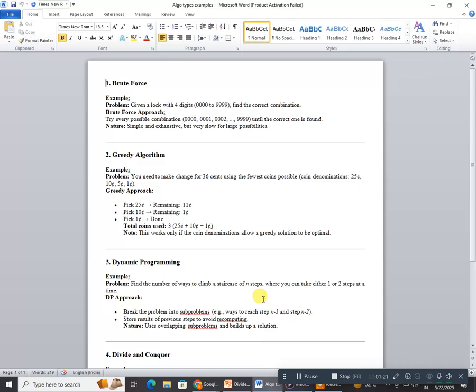You can see here there is an example. Suppose you have been given a lock with 4 digits, which can go from 0000 all the way up to 9999. You have been asked to find the right combination to open that lock.